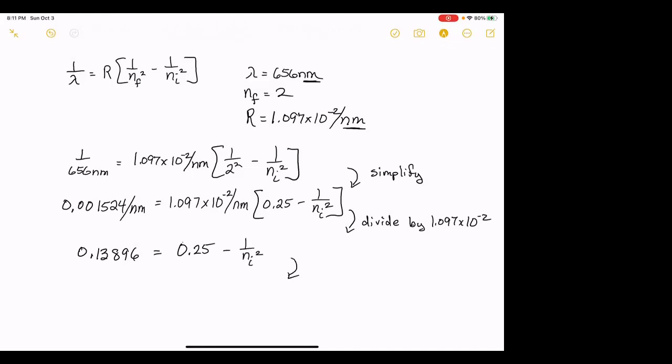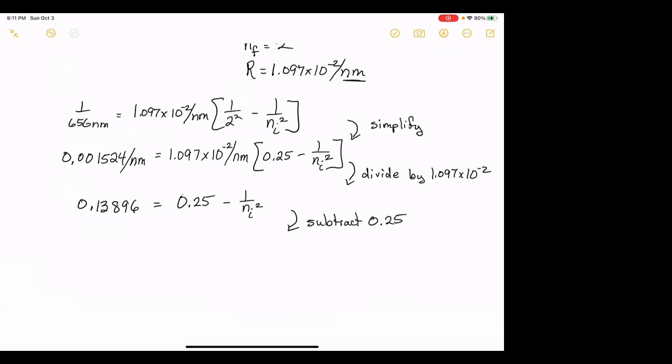The next step, I'm going to subtract 0.25 from both sides. So it goes away on the right-hand side and the left-hand side becomes a negative 0.11104, and that is equal to a negative 1 over n sub i squared.